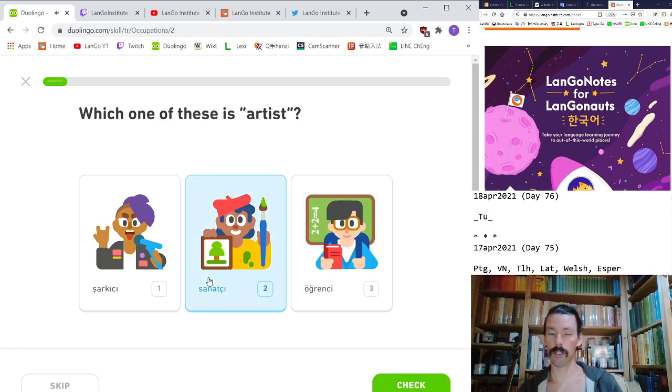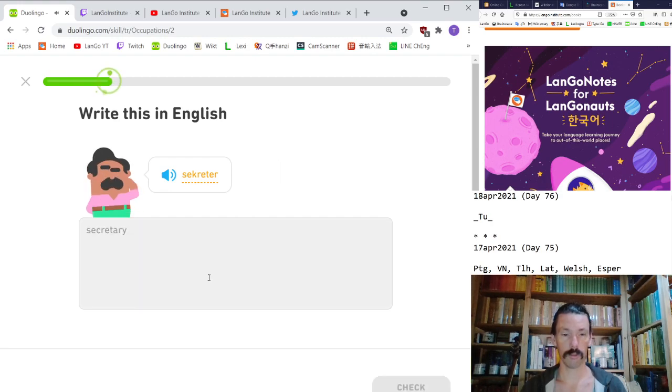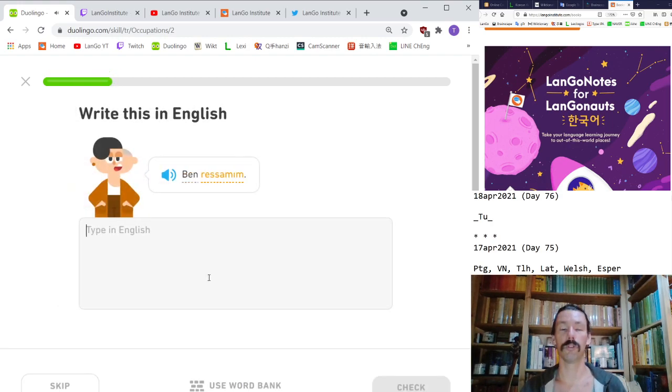sanatçı, sekreter, secrétaire happens to also have vowel harmony, but it's from French. Ben ressamım, which are wordless too in English. Ben I ressamım. Some kind of compound maybe, not harmonic between e and a, but the ressamım harmonizes there.